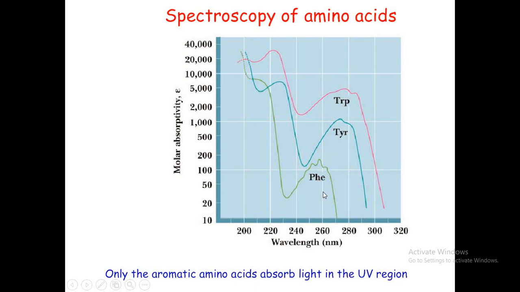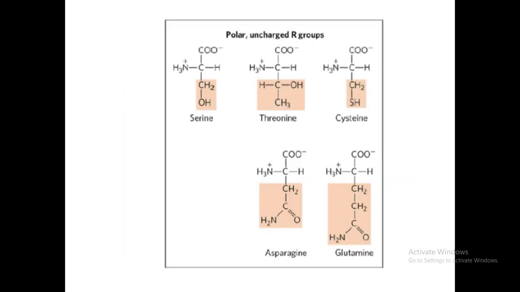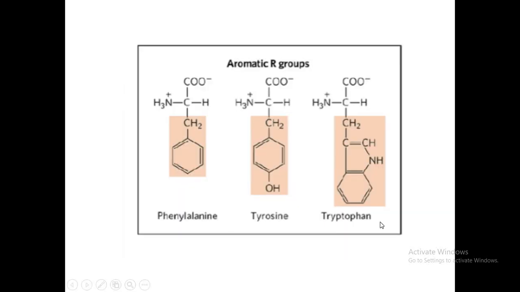So the question is why. Why are tyrosine and tryptophan able to absorb light in the UV region, or at 280 nanometers, whereas phenylalanine is not able to absorb to such an extent? The answer is that tyrosine has a functional group, the hydroxyl, that absorbs light, and the indole ring of tryptophan has the ability to absorb light in the UV region.